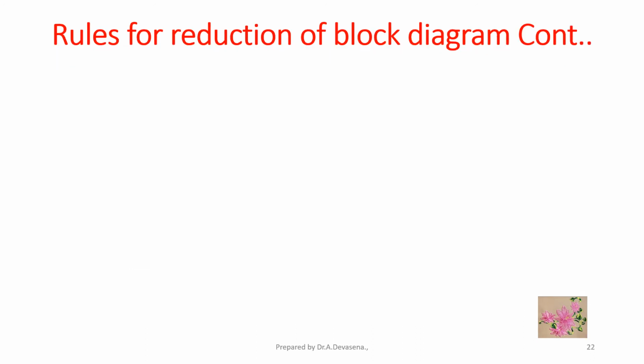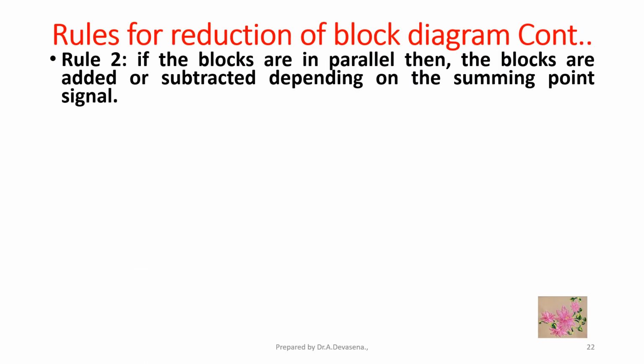Rule number 2. If the blocks are in parallel, then the blocks are added or subtracted depending on the summing point signal. Here is a representation of two blocks G1 and G2. These two blocks are in parallel.